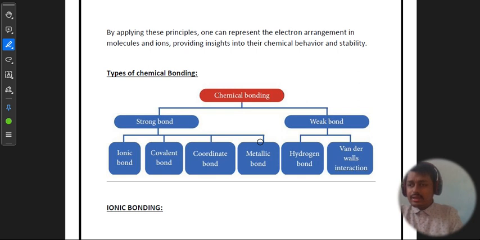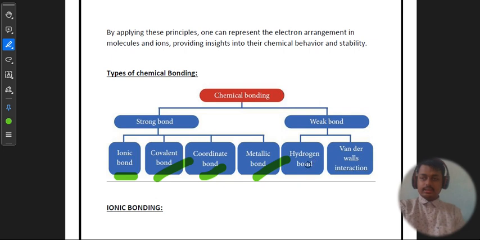We can divide chemical bonding into majorly 2 categories: strong bond and weak bond. In this lecture we will discuss 5 types of bond, 4 strong bonds and 1 weak bond. The 4 strong bonds that we will be discussing are ionic bonding, covalent bonding, coordinate bonding, and metallic bonding, which come under strong bond, and we will be discussing hydrogen bond under weak bond.